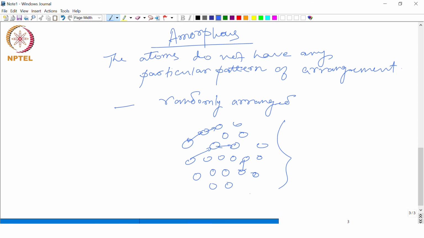Okay. So, this kind of structure you will generally find in the common glasses that we see around us, and therefore, an amorphous structure is also known as a glassy structure, right.